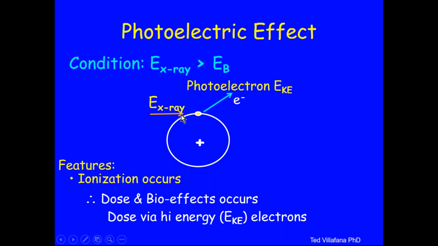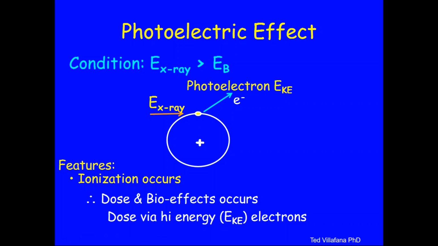The X-ray comes in. The picture we have is that, yes, ionization is possible. And what was ionization? The removal of an orbital electron. So an electron goes off in some direction with some kind of kinetic energy, and that electron will go into dose to the patient.